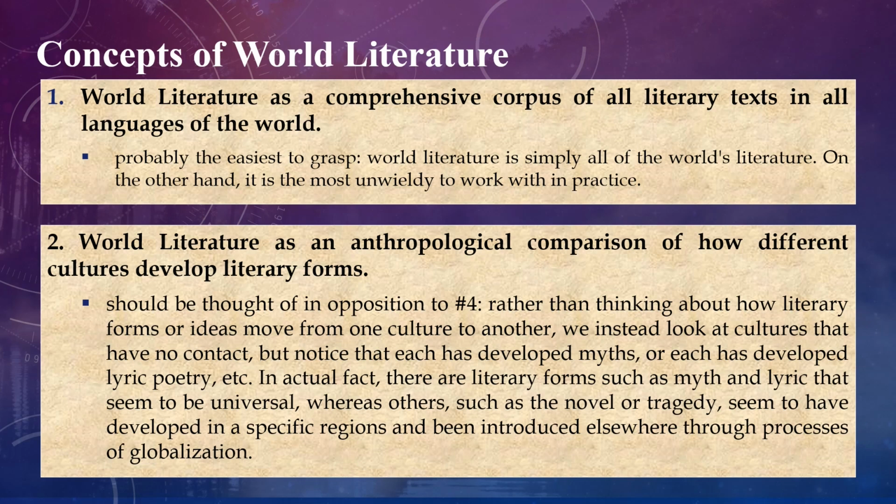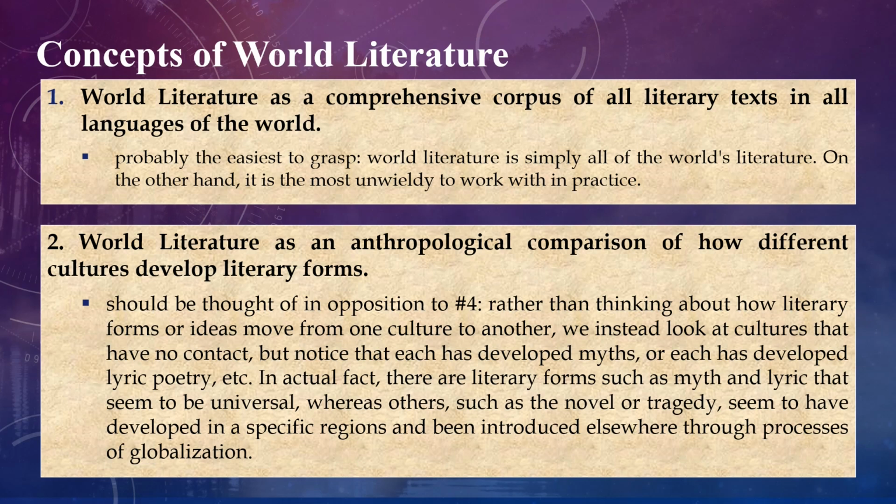Number two, world literature as an anthropological comparison of how different cultures develop literary forms. It should be thought of in opposition to number four, which I will show you later.